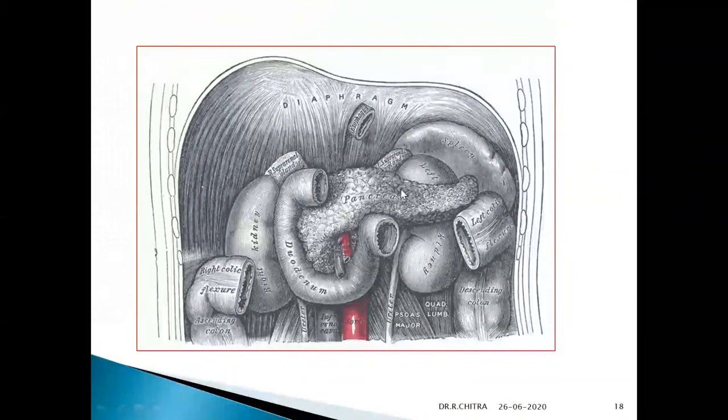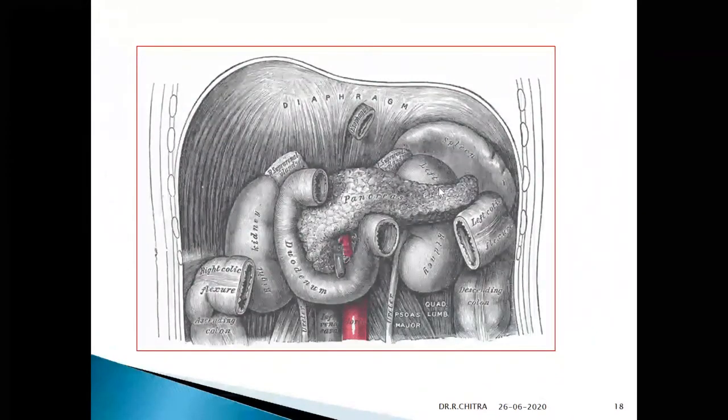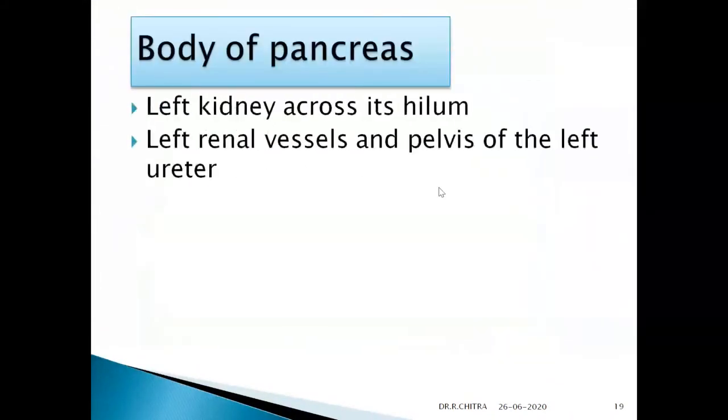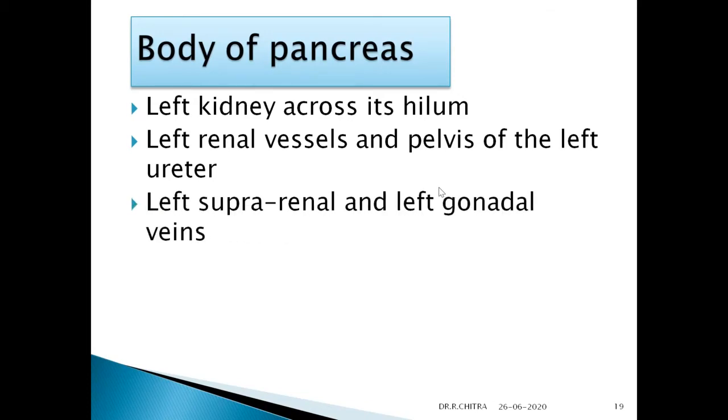But if you see, all this will be separated from these structures by the, which is the main posterior relation of the body of the pancreas. So all the structures, left kidney, left renal vessels, all form the posterior relations of the body of the pancreas. And also the left suprarenal and left gonadal veins. So this is not the superior mesenteric vein.